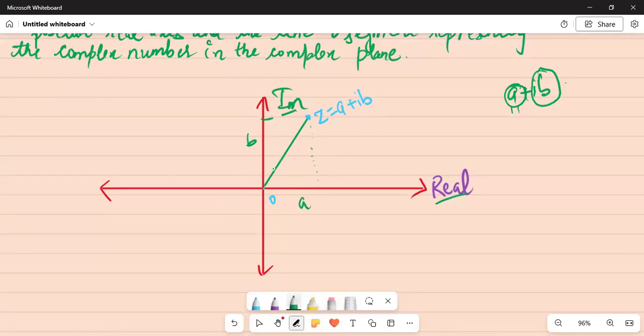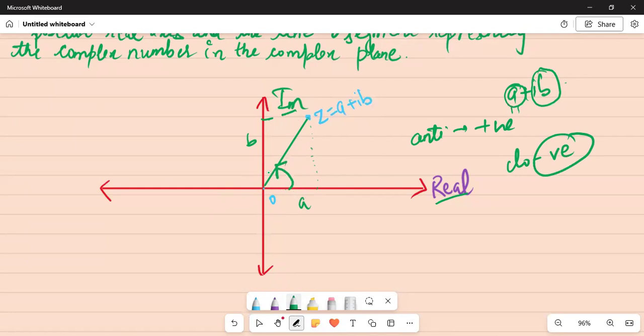So this is how we denote our complex number in the complex plane. Now, to find the argument, either you go in the anti-clockwise direction, which is positive, or in the clockwise direction, which is negative. Anti-clockwise means you connect the positive real axis with the line representing your complex number.